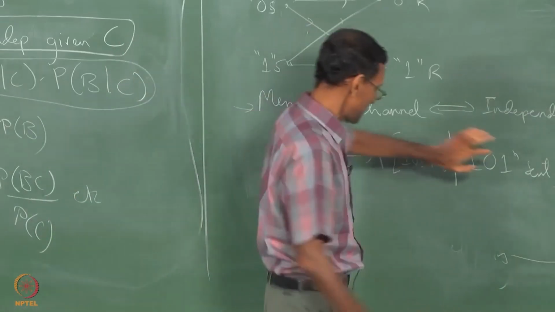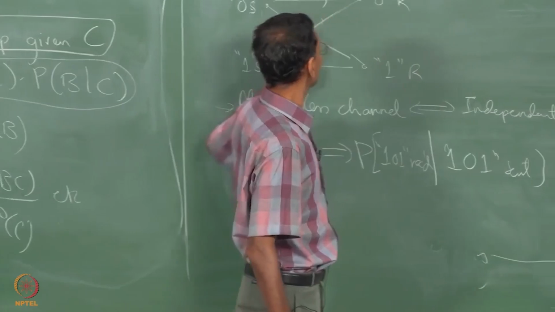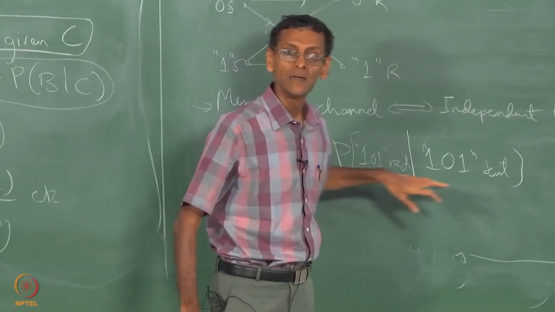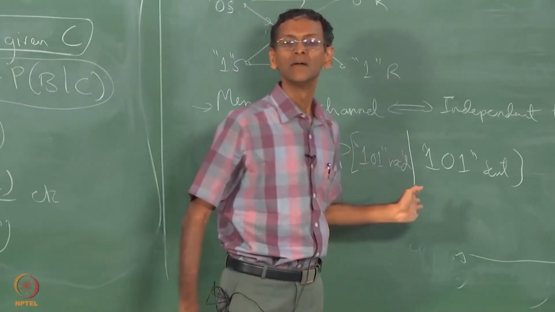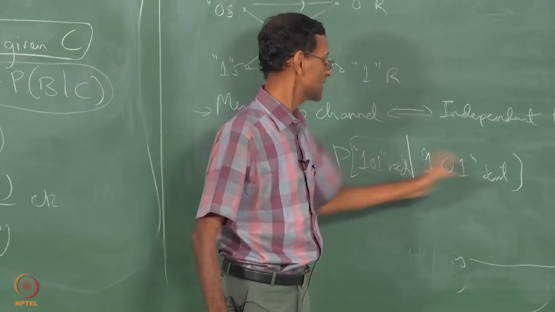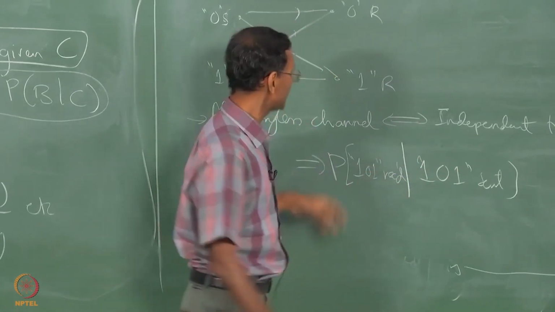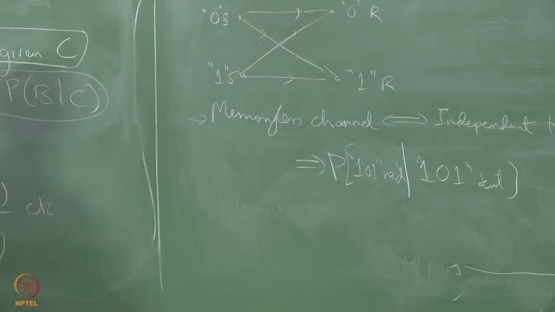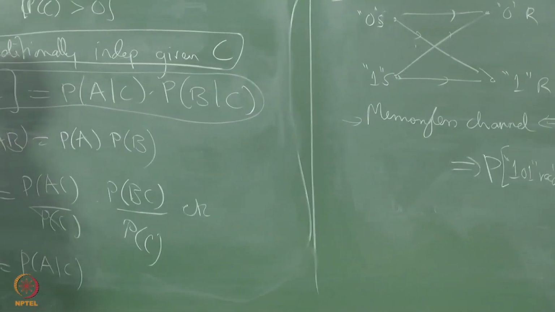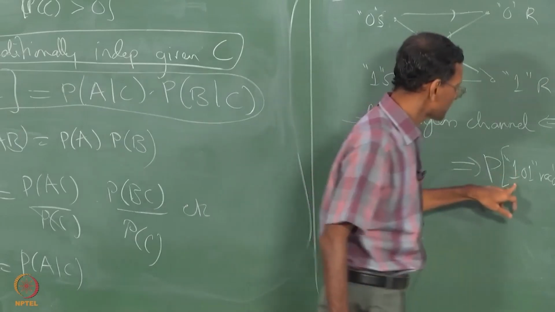Given this sequence was sent, if the channel is in fact memoryless, then you would write this conditional probability as what? This would be like AB given C, where AB is what?